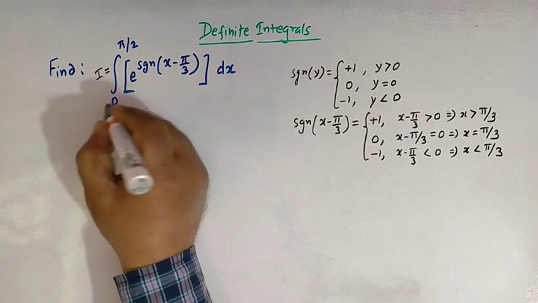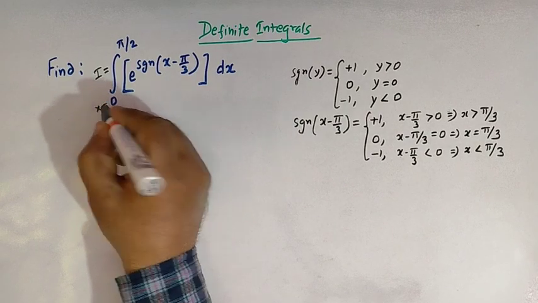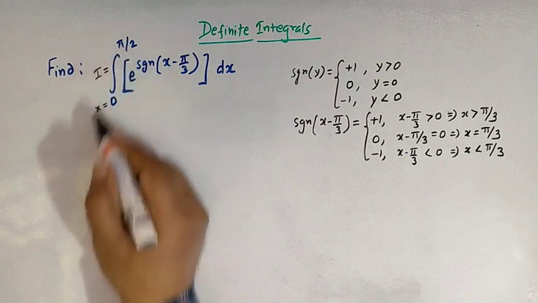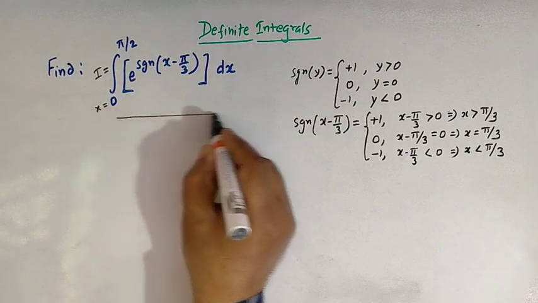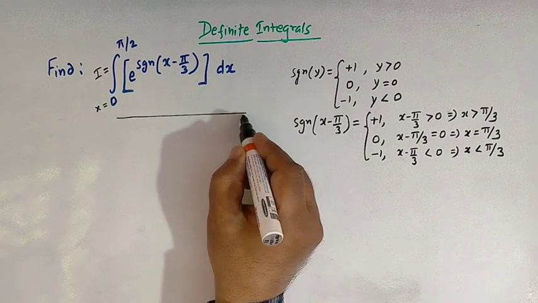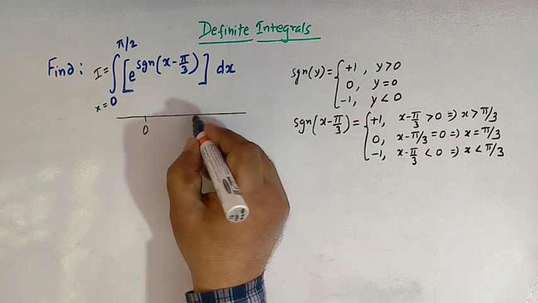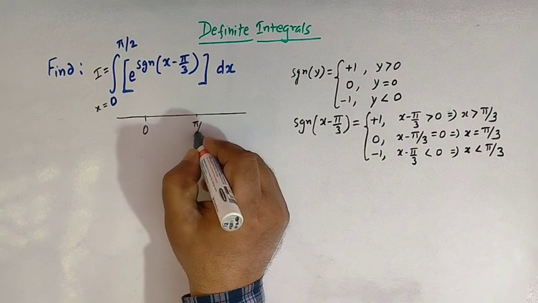Now let us see the limits. Here the lower limit is 0 and the upper limit is pi by 2, so let us represent the limits on this number line. Here we have 0, and here we have pi by 2.